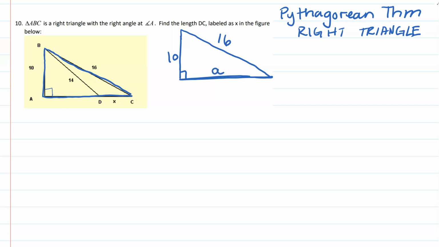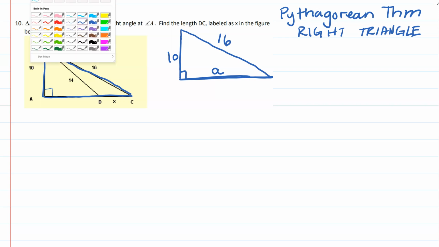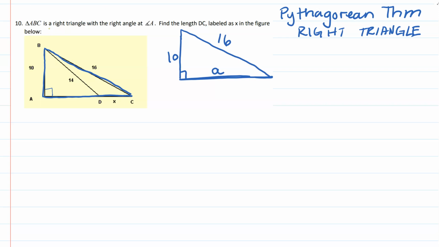Or you can look at the right triangle that is here, the orange one, the smaller right triangle. I'm going to go ahead and copy that one down, looking like this. Here's a right angle here. This is 10, this is 14, and this length we don't know.